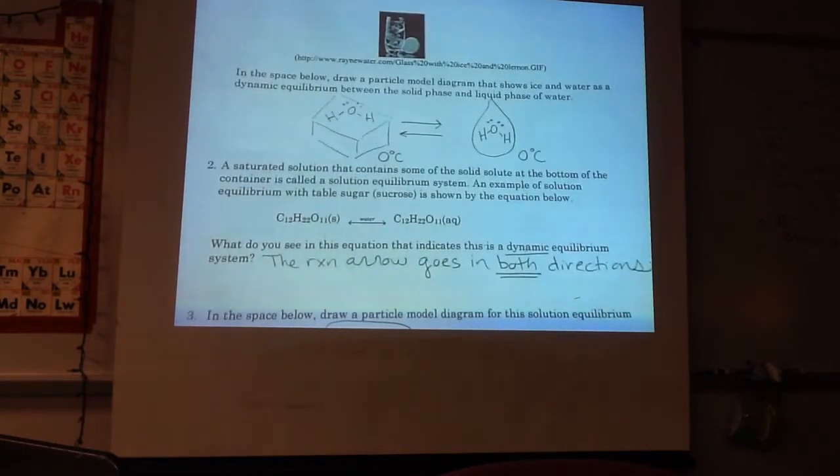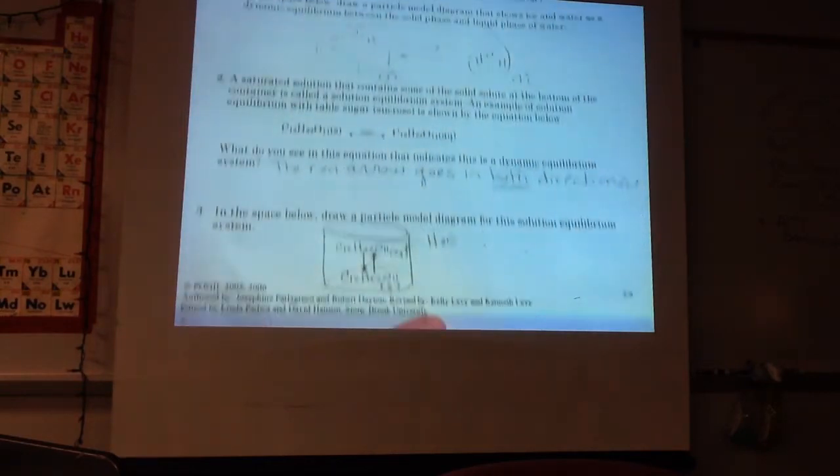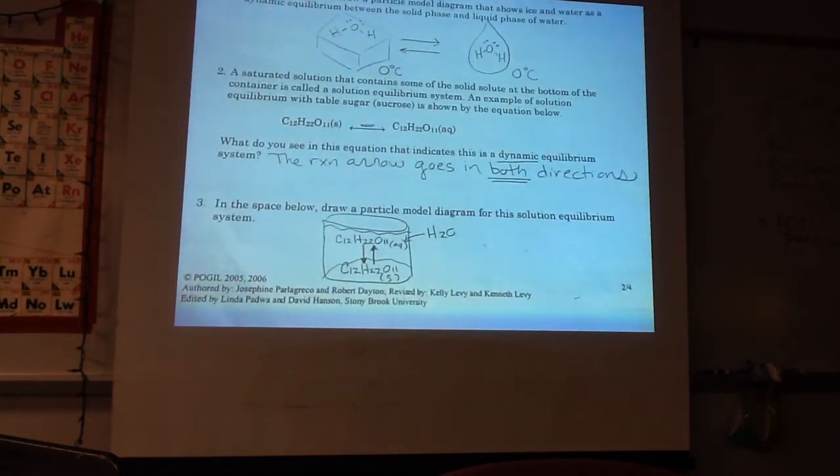Under the exercises, this was just to kind of get you to visualize what it means to be in equilibrium. So if I have liquid water at 0 and I have ice at 0, what would be going on? Melting and freezing would both be going on simultaneously at an equal rate.